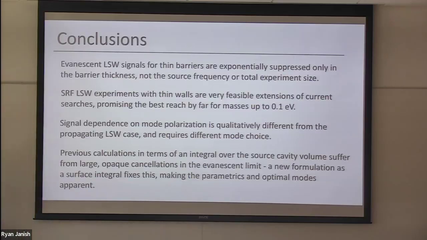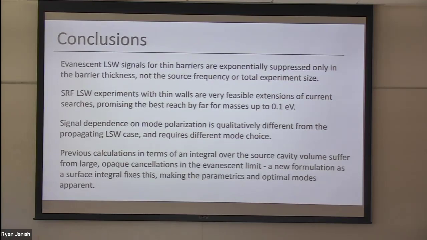We can use radio frequency technology to push these experiments to much higher masses, where they significantly outperform the optical experiments and will give us the best reach for any terrestrial experiment up to about 0.1 eV masses.